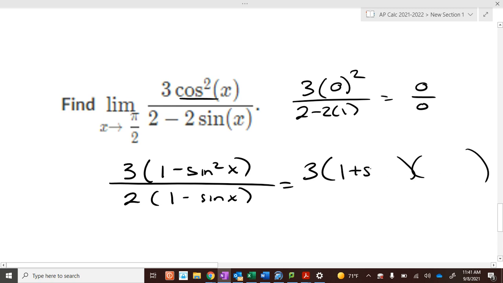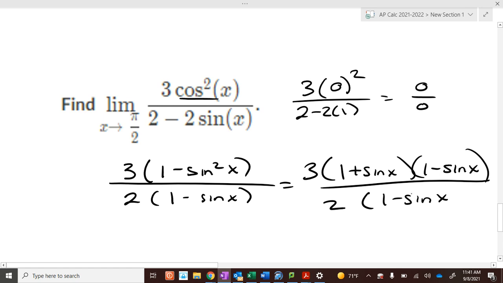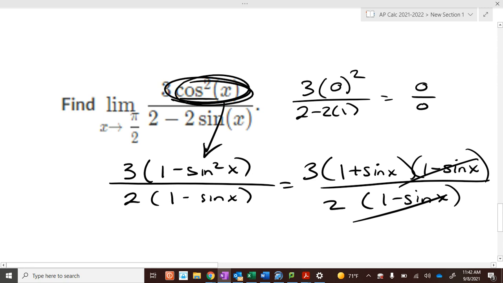So 1 plus sine of x, 1 minus sine of x, denominator 2 times 1 minus sine of x. Catherine, what is your question? No, 1 minus sine squared of x is cosine squared. We had cosine here, we changed it into here so we could cancel here.